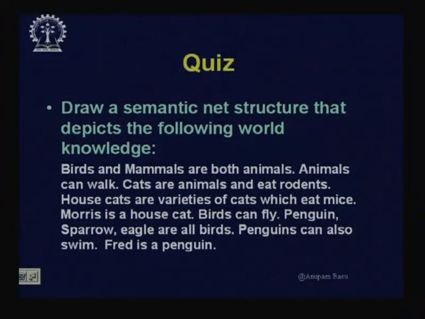Take it down. Draw a semantic net structure that depicts the following world knowledge. Birds and mammals are both animals. Animals can walk. Cats are animals and eat rodents. House cats are varieties of cats which eat mice.